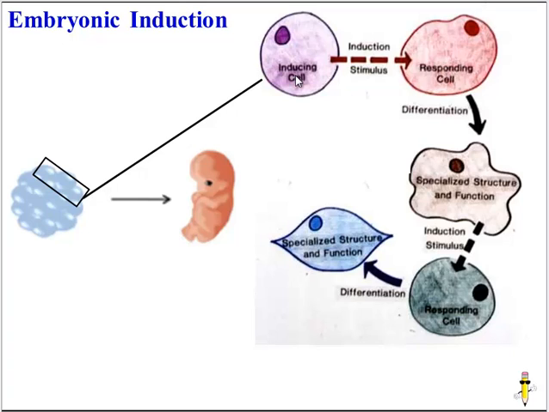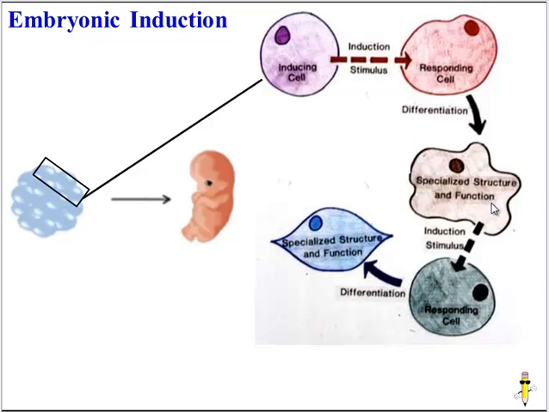The cell that sends the signal is the inducing cell. The cell that receives the signal is the responding cell. When the responding cell gets the signal, genes will be turned on and transcribed and translated into proteins, and other genes might be turned off. This will cause the cell to specialize. It will get a specific structure and function.